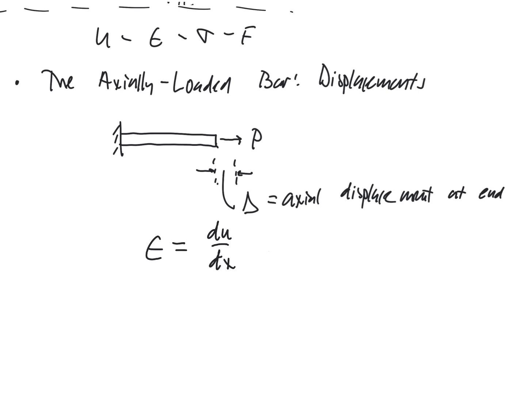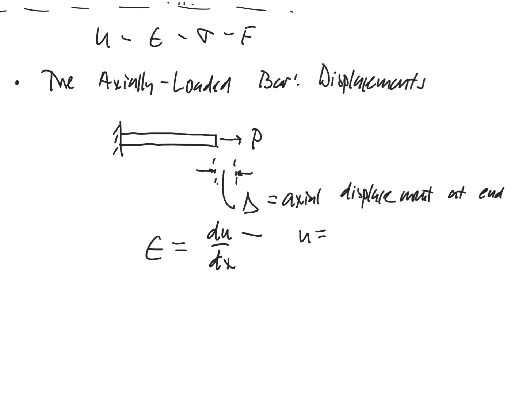So this is the axial displacement at the end. U then, in this case, represents the generic axial displacement. So it's almost like we have a variable that we're using, but then at one location, we're just going to use another symbol to represent that. So the delta is kind of traditional to use as some value that we've got at an endpoint, whereas U is a little bit more of a generic symbol.